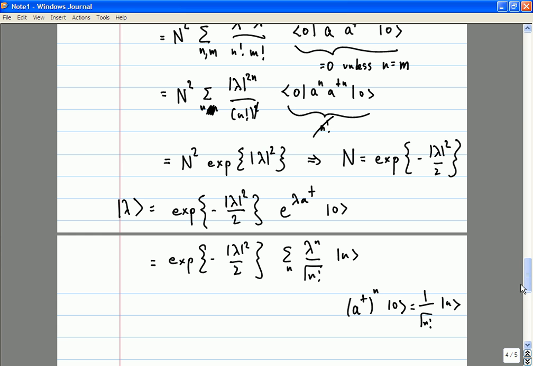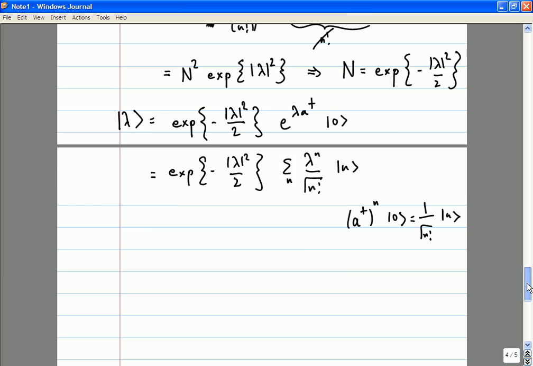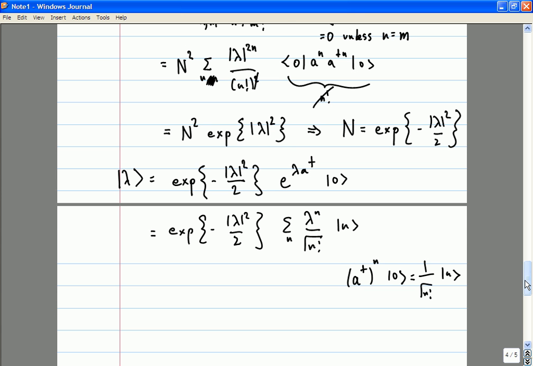Let me just make a comment about this formula, which will help us understand a bit more intuitively what it means to be in a coherent state. If I look at this relationship between the coherent state and the set of eigenstates of the Hamiltonian, or the number operator, you see, of course, as we anticipated, that lambda is not an energy eigenstate.